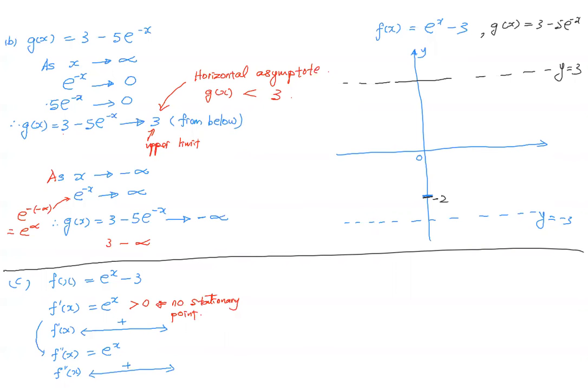So from these two sign diagrams, I can make a geometrical interpretation. What is it? That my f(x), which is e to the power x minus 3, is, okay, if f double prime x is positive, so what is the shape? Concave upward or concave down? Abhika? Concave upwards.